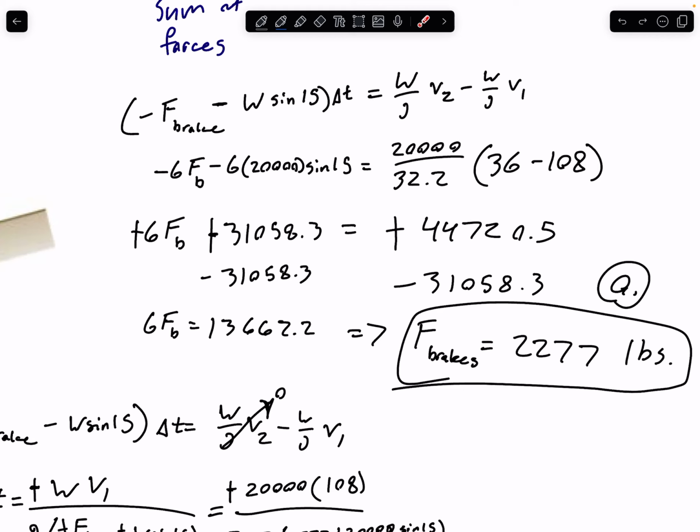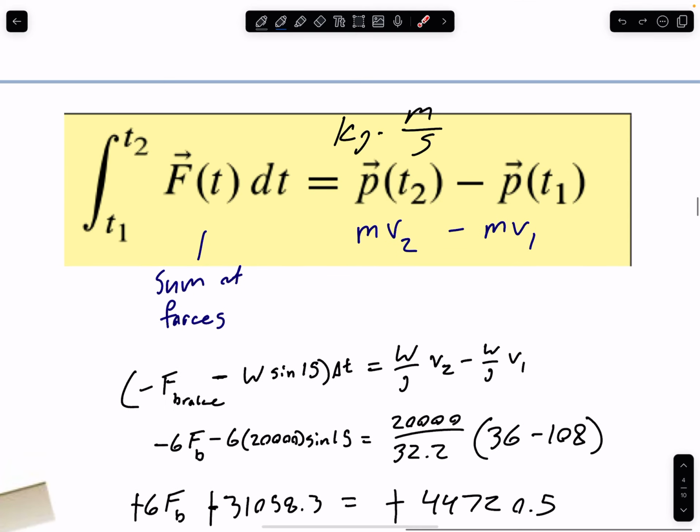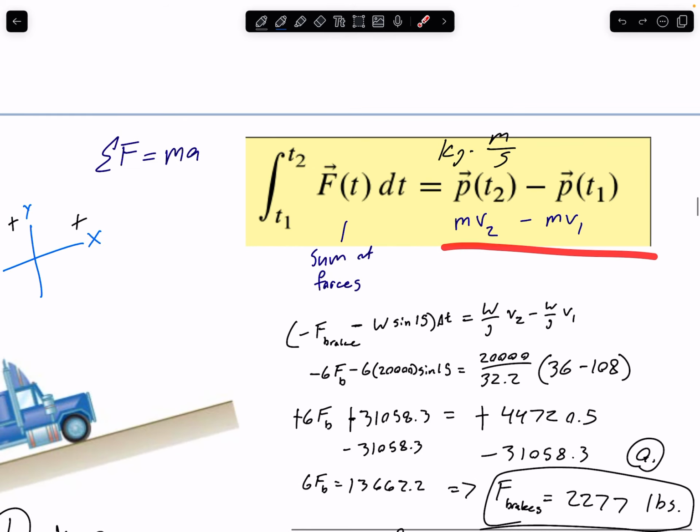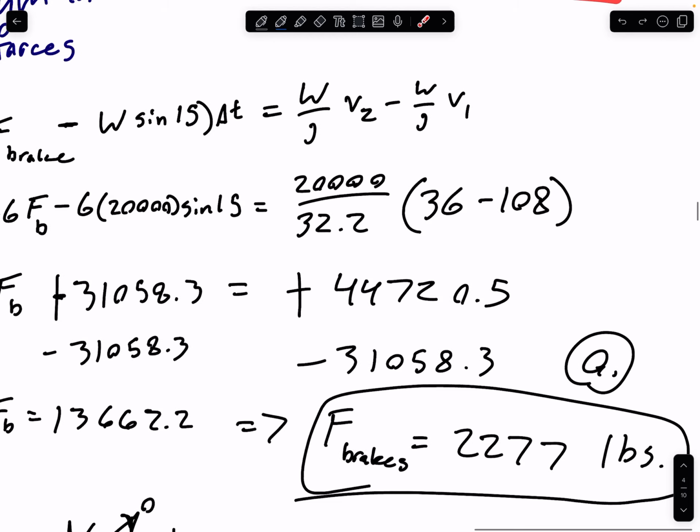So the force of the brake is working against it, causing the acceleration that way, and also the weight. And this basically means the sum of all the forces times time is equal to the impulse, or change in momentum.